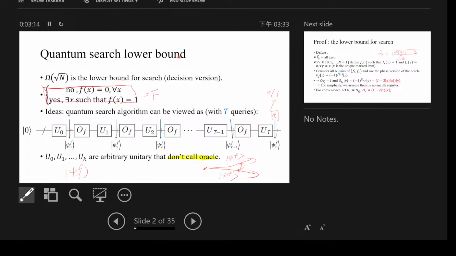I guess today will be the most theoretical part of the course: how do we prove a lower bound? Traditionally it's very hard to prove lower bounds in complexity theory, because there are infinitely many algorithms you can design. How do you show that you need a lot of steps to compute your thing?